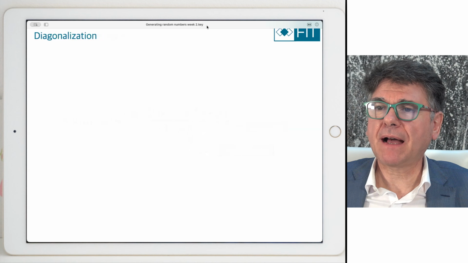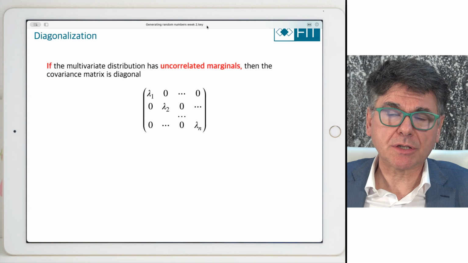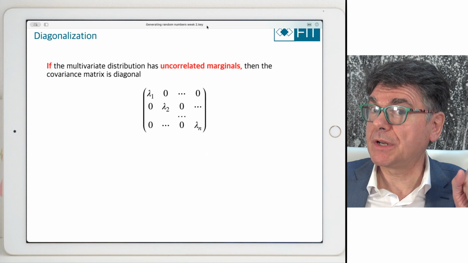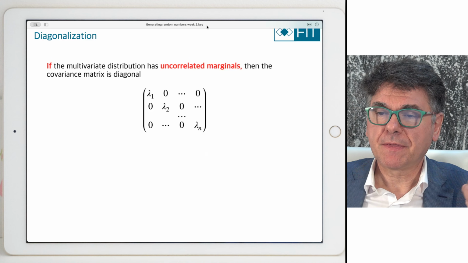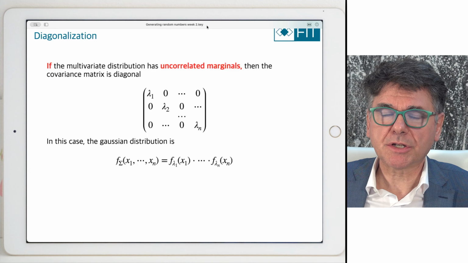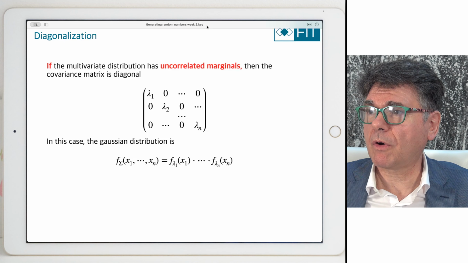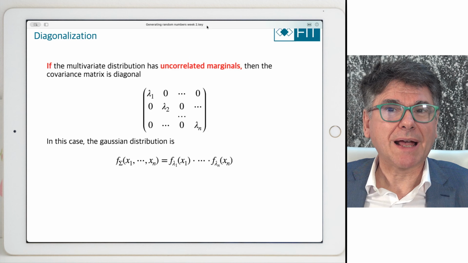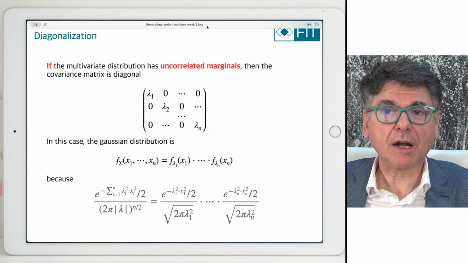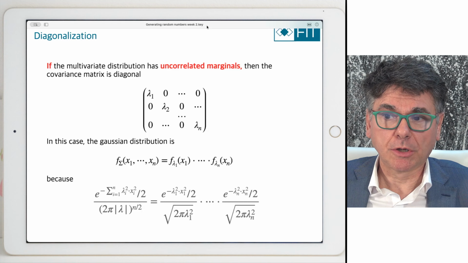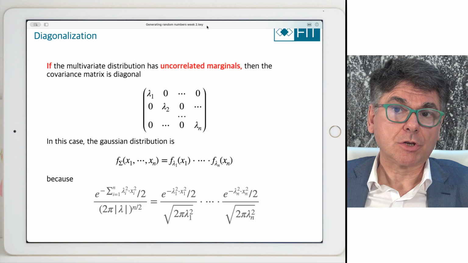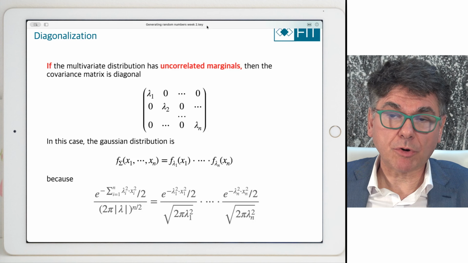And then if I am given any distribution which happens to be uncorrelated in the marginals, like we did with Brownian motion earlier today, then the covariance matrix is diagonal, and the Gaussian distribution is the product of one-dimensional Gaussian distributions. So my high-dimensional problem disappears because my multivariate Gaussian distribution is the product of single-dimension Gaussian distributions. So dimension is always the curse that you have when you do Monte Carlo.